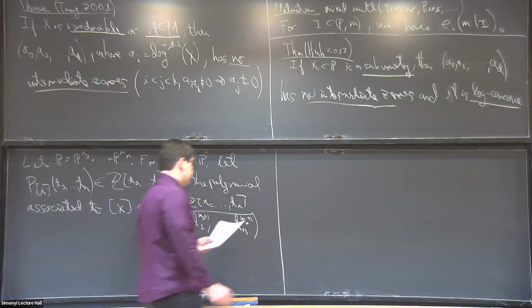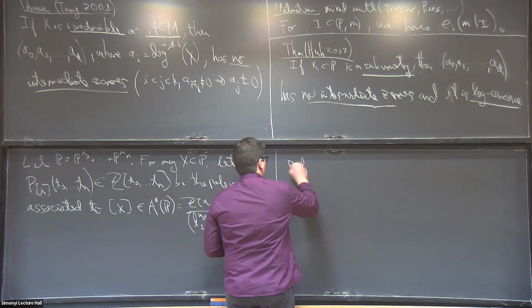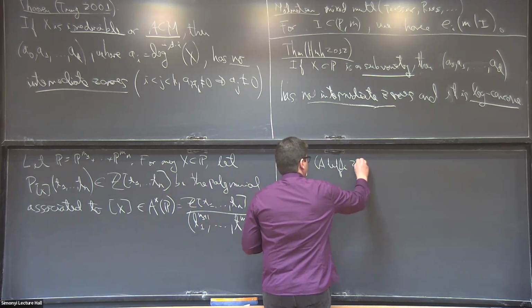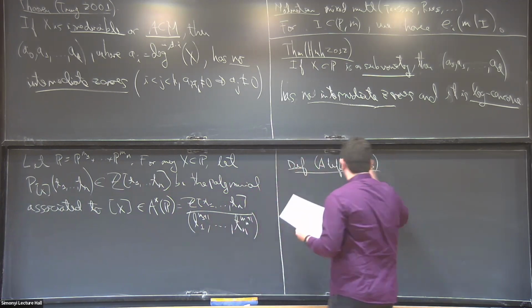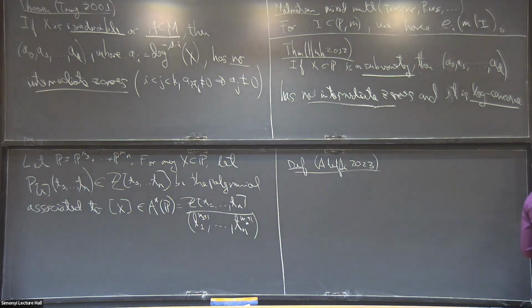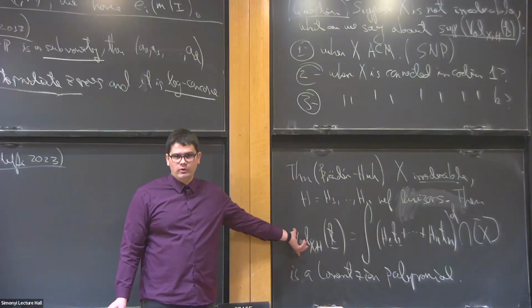And then a definition by Aluffi in 2023: he introduced this notion of covolume polynomial that can be seen as a dual notion of this notion of volume polynomial.